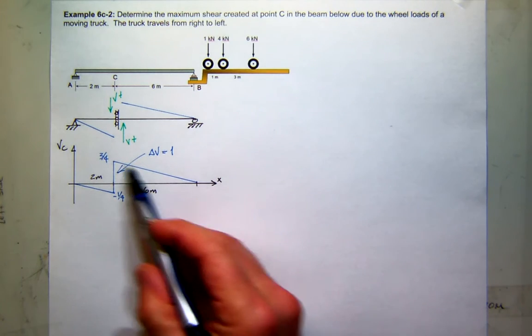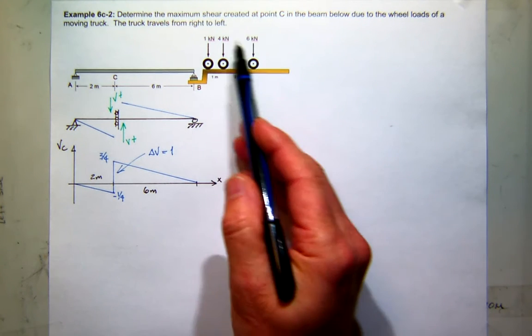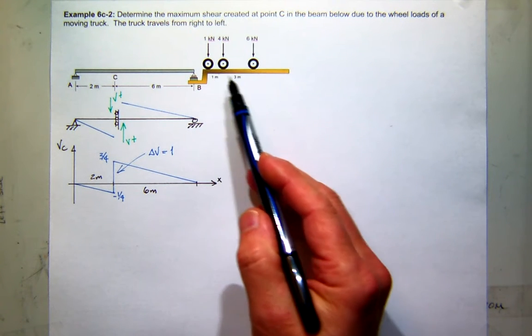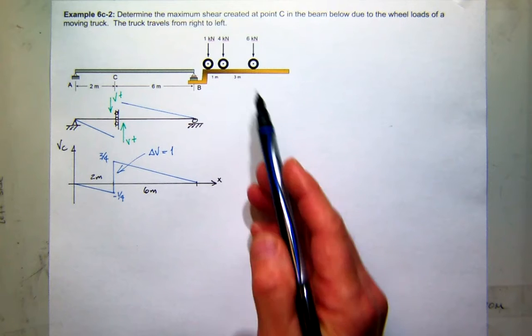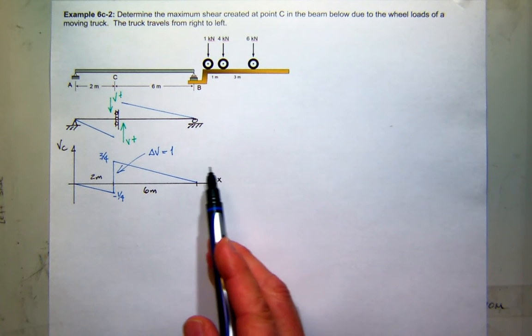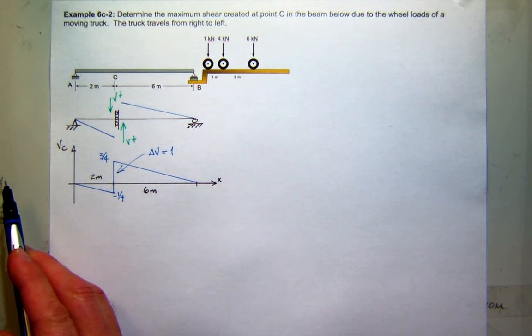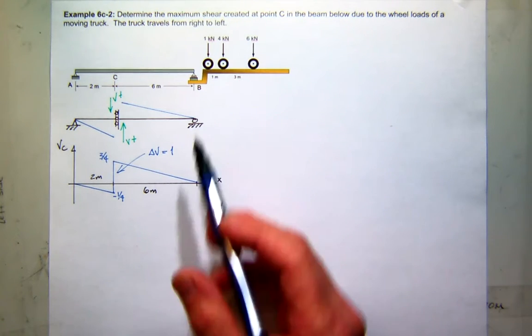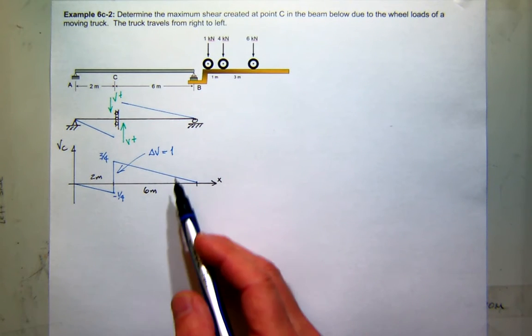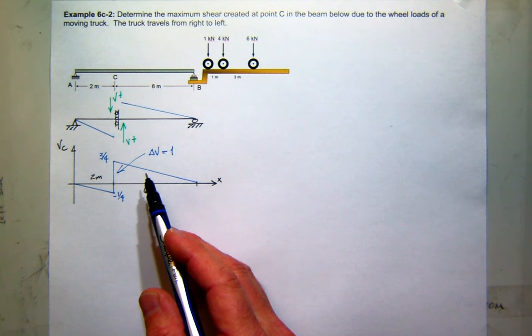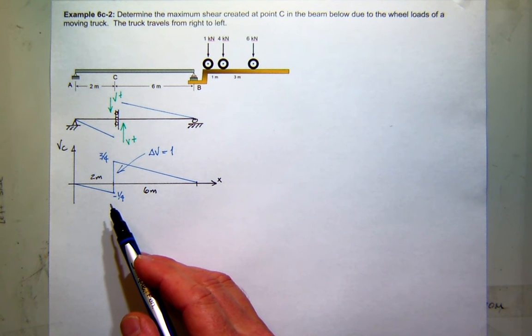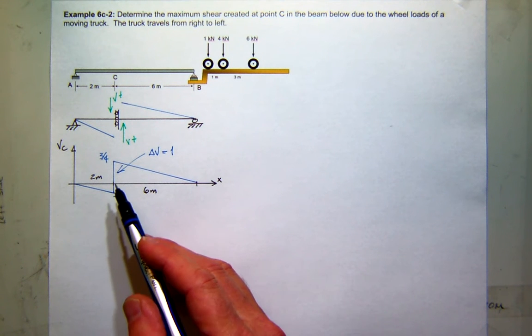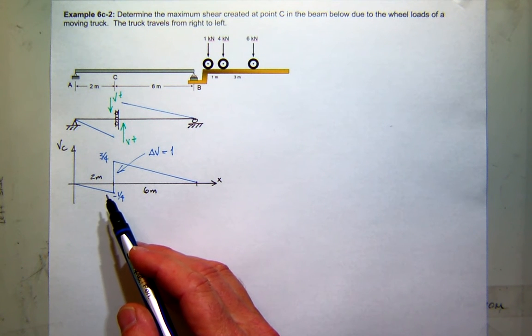Okay, so now with our influence line, what do we do? We're going to let our moving live set of axles or loads start on the right-hand side and move to the left. Now we're trying to find the maximum shear created. Just looking at it and observing that there's a lot more positive shear than negative shear, I'm not even going to look for the negative value, since it's going to be such a small contribution.